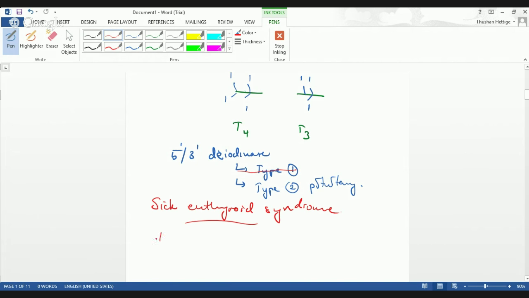So what do you expect to occur to T3, T4, and TSH, thyroid stimulating hormone? What do you expect to occur to T3 given that this deiodinase is being inhibited?